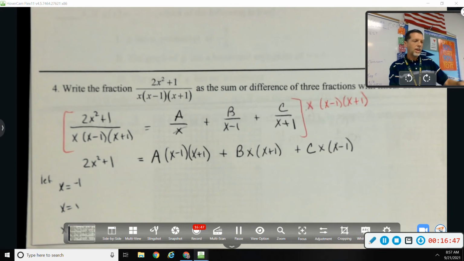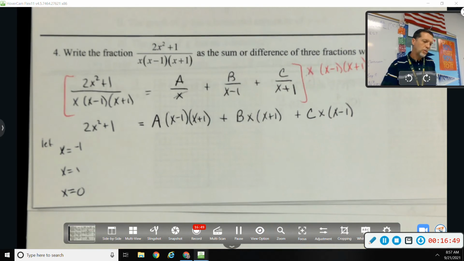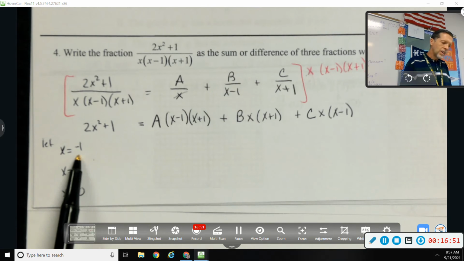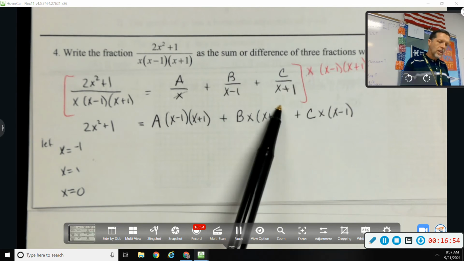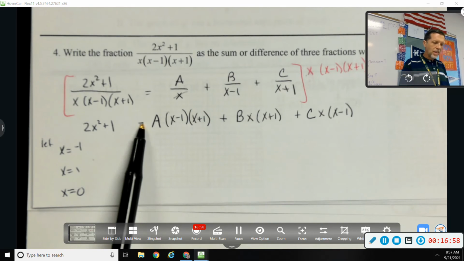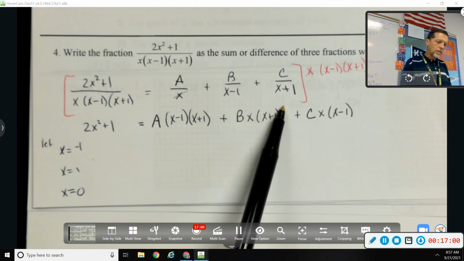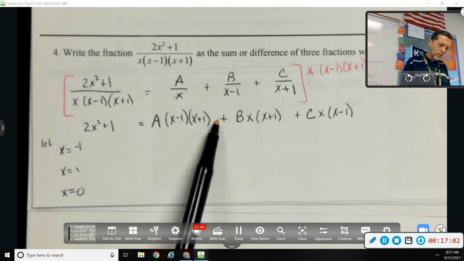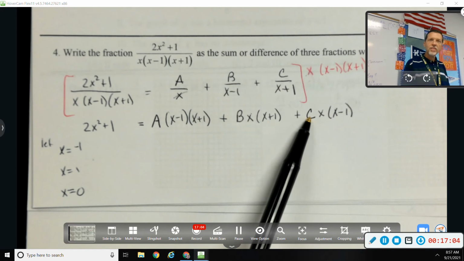And again, it looks very complicated, but when you plug in x equals negative 1, this goes away, right? Because if one of the factors is 0, that wipes out the whole thing. X equals negative 1, that goes to 0, so that goes away, and you'd only be left with the c term.